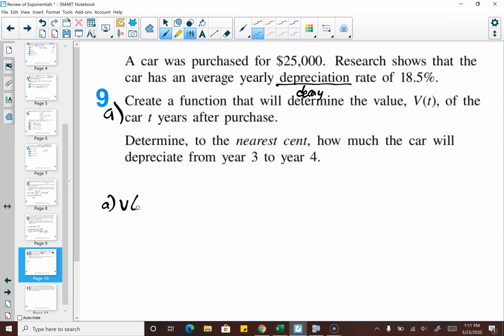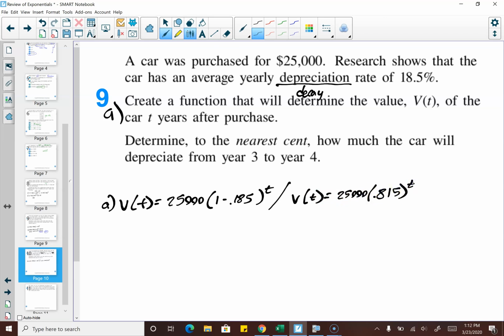So if we do that, we get V of t equals 25,000, because that's our starting point, times 1 minus, as a decimal, 0.185 to the t. Now I just want to show you this could also look like this, if we do our subtraction, we get 0.815 to the t. They mean the same exact thing.